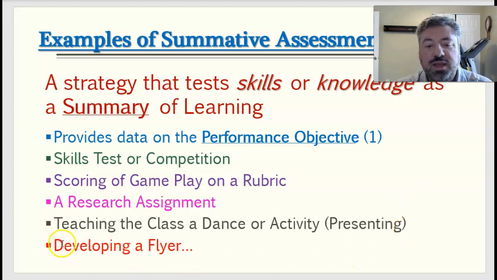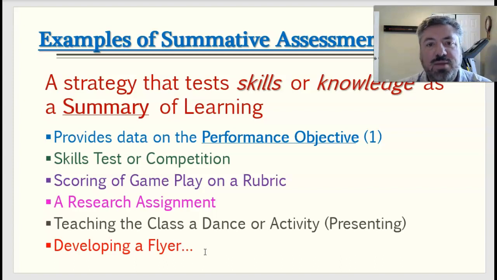You might do a flyer development activity. I love doing this activity in class when we did team sports. At the end of a unit, I would say, now you are the head tennis coach. You're going to make a camp flyer, and on most camp flyers, those flyers say what skills we're going to work on. They're going to have a sample daily activity schedule.